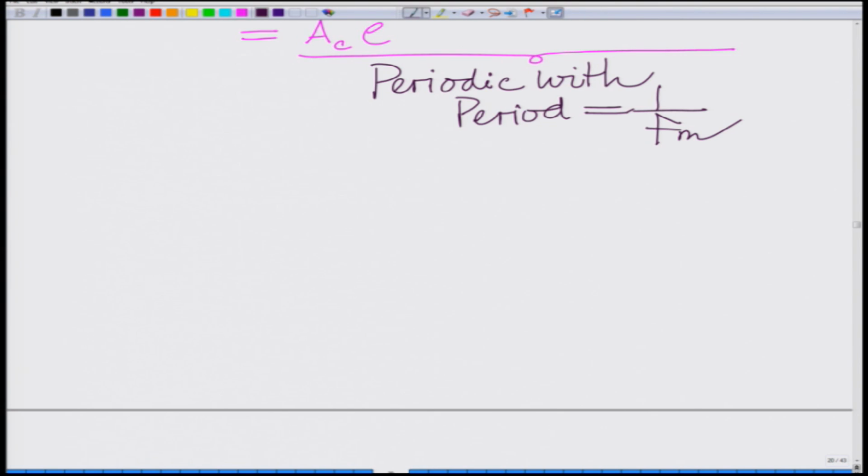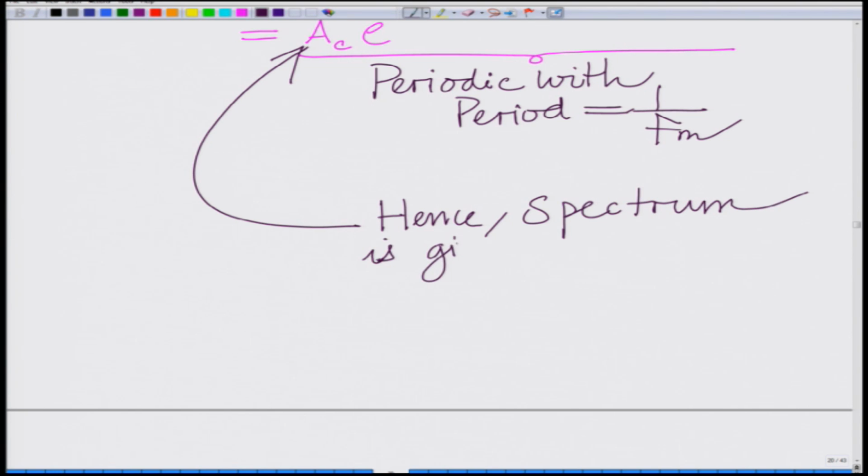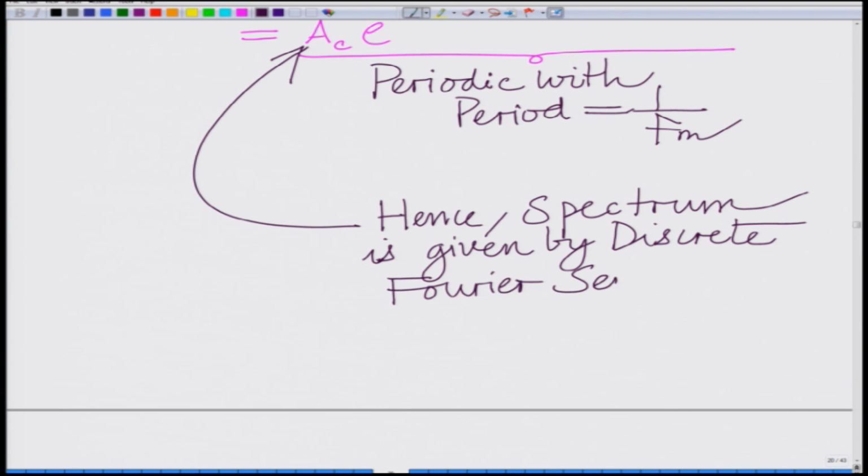Now remember that when we have a periodic signal, the spectrum is given by the discrete Fourier series. Therefore, we have to find the discrete Fourier series.